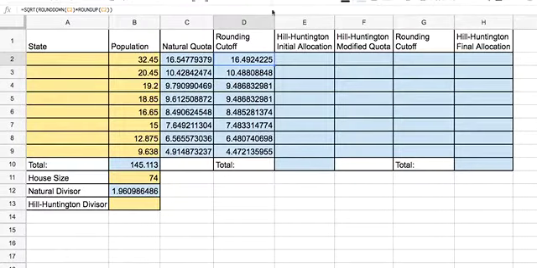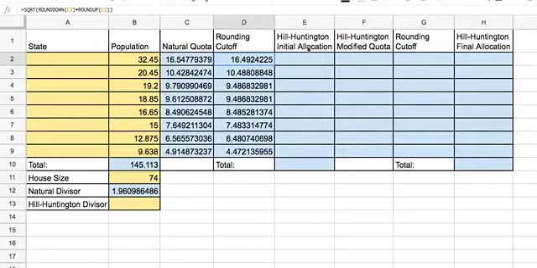Looking at these numbers, that very first one, we've got a natural quota of 16.54. We've got a rounding cutoff. This is the break. Above this, we round up. Below this, we round down. We've got 16.49. So that first state, how many seats do they receive? 17.